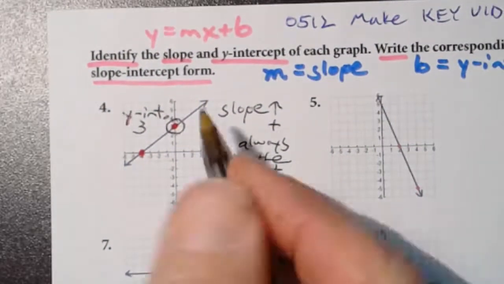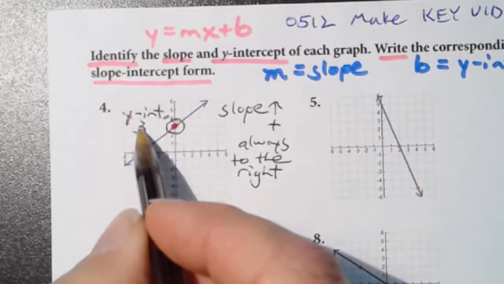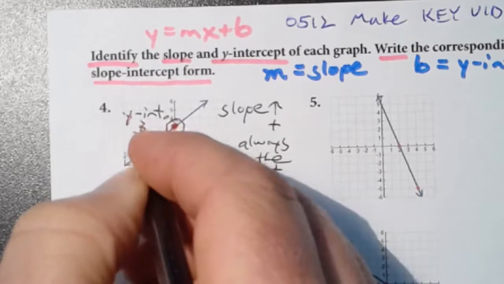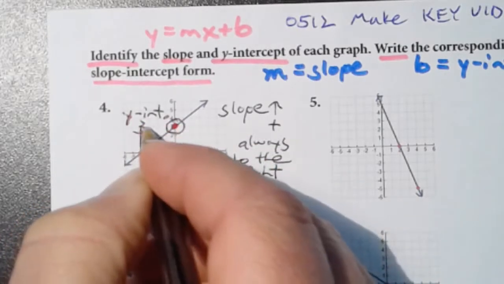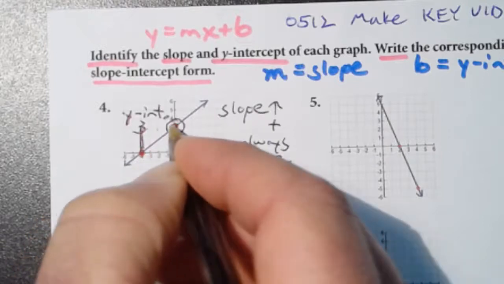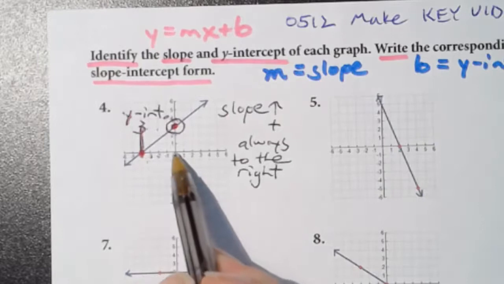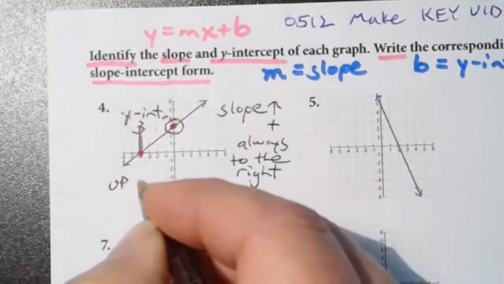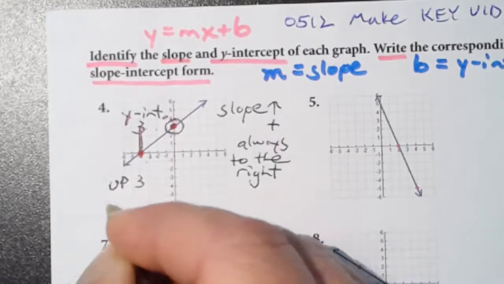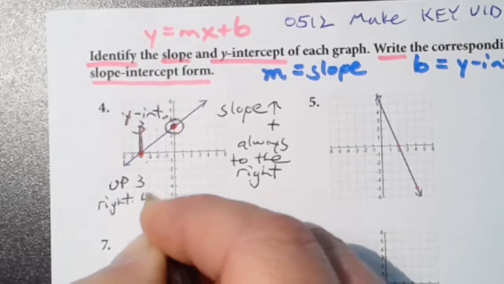I'll use number 4 as our little review problem here. Okay. So we go up, 1, 2, 3, and to the right, remember this is called a slope triangle, to the right, 1, 2, 3, 4. So I went up 3, right 4.